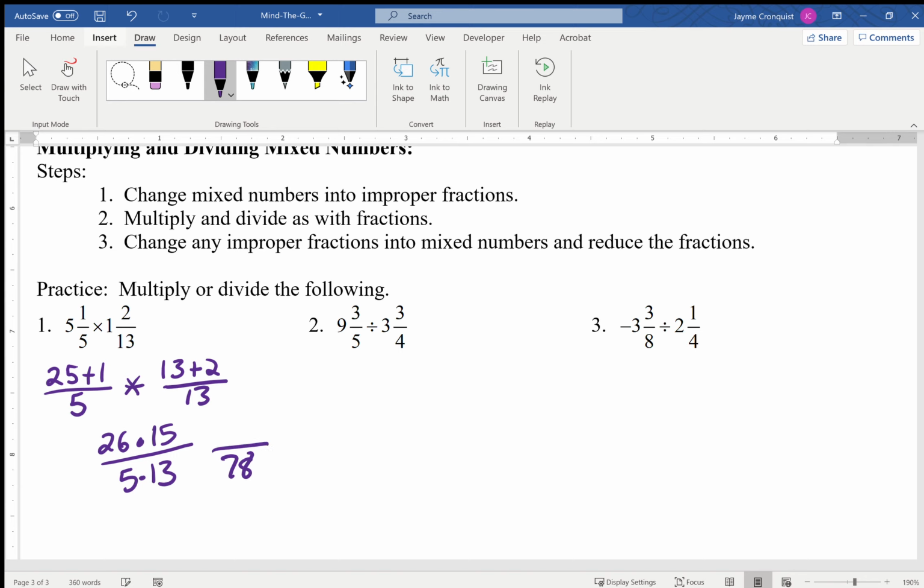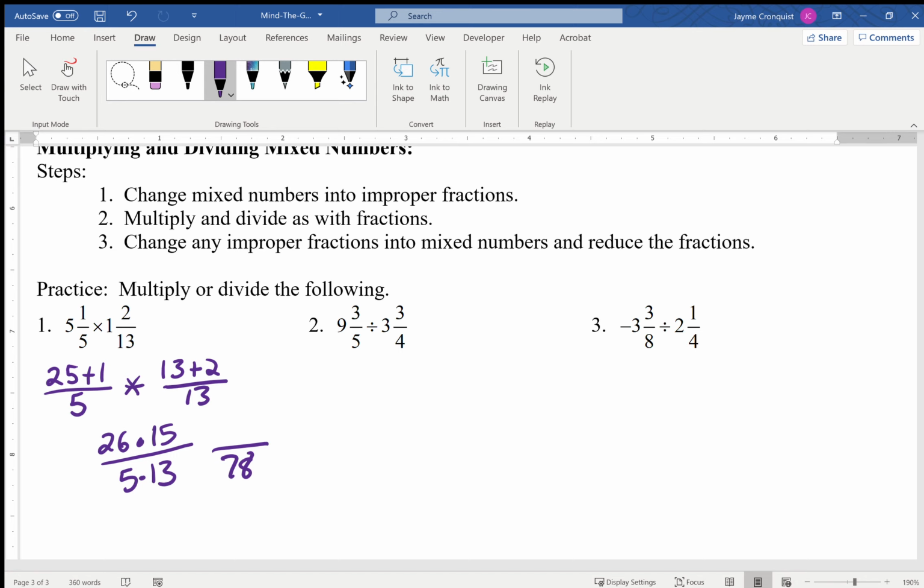Then 26 times 15 is 390. Oh, you know what would have been easier? Silly me.